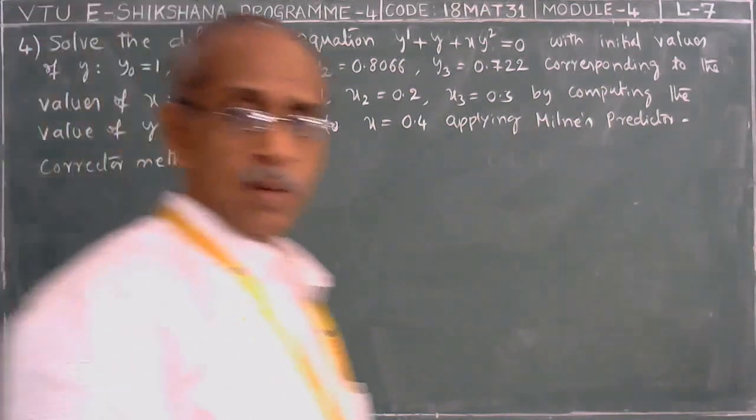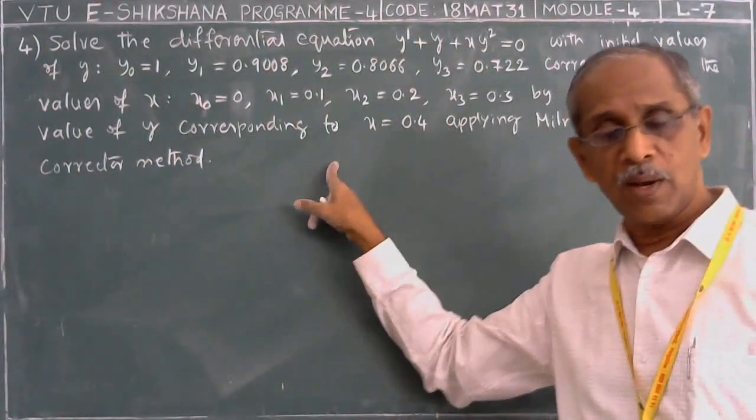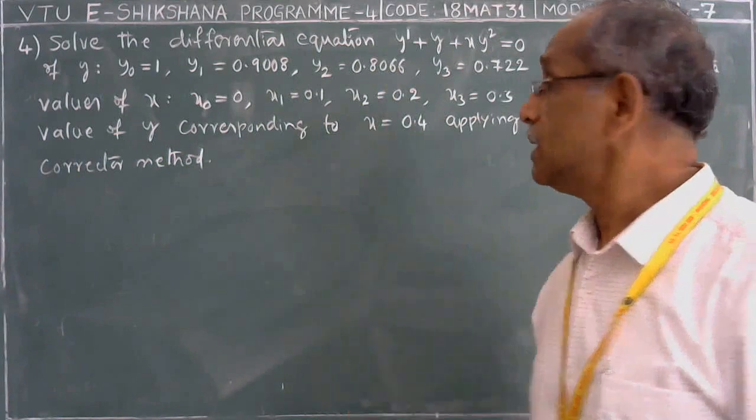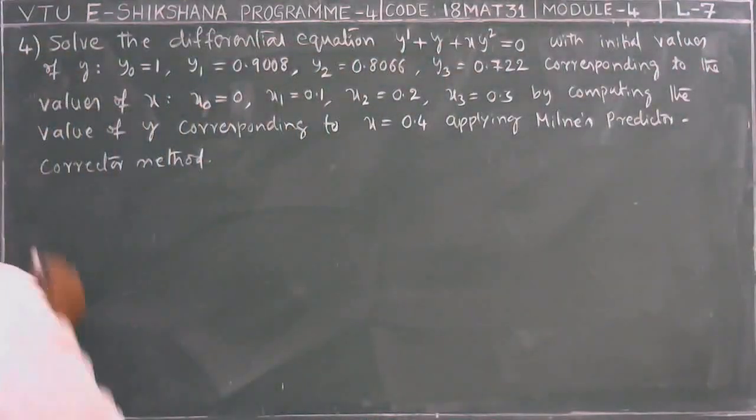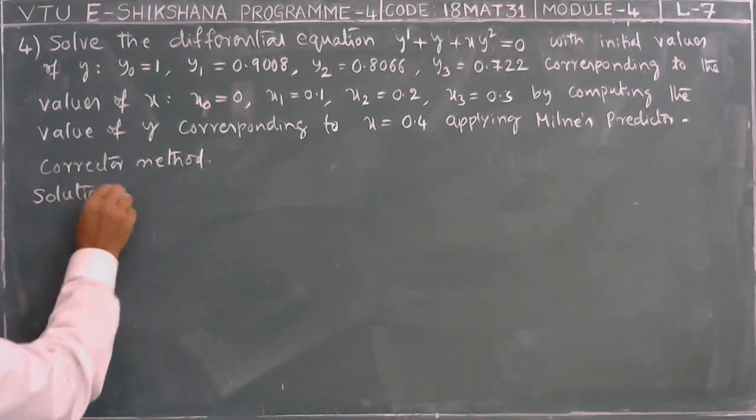So here in this problem, the required previous values are given in the problem, in the data itself. Okay. So we shall first list what is given in the problem.